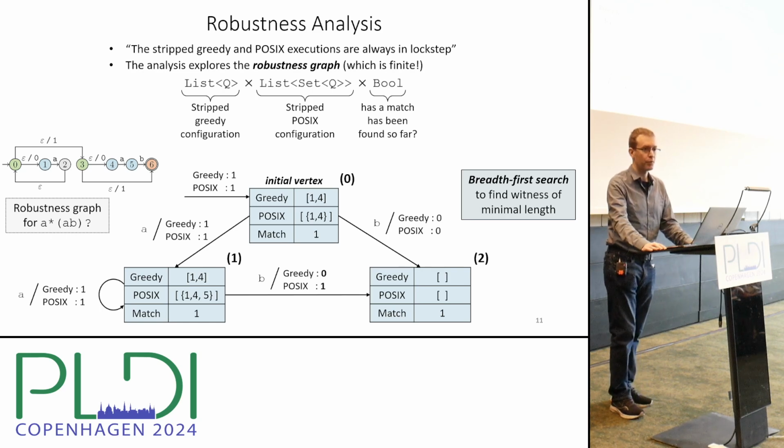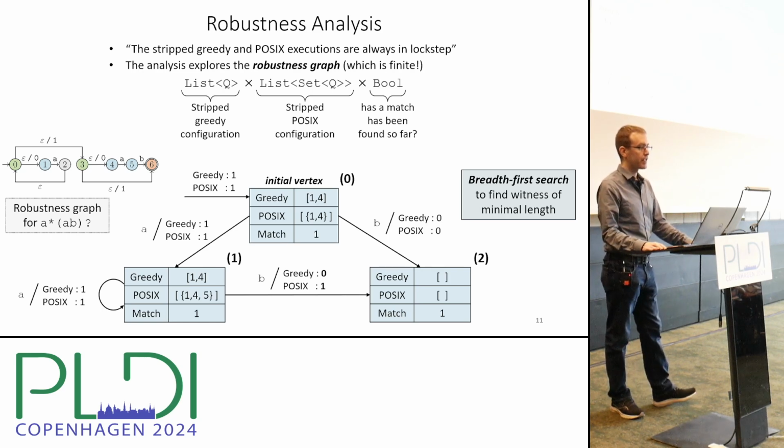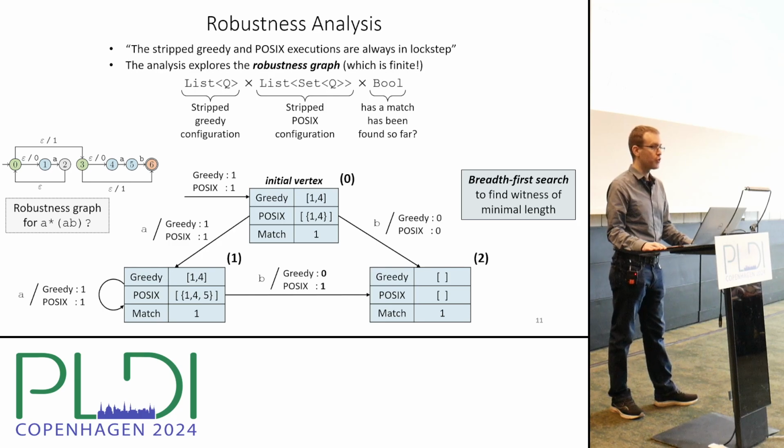And here finally we notice that greedy does not report a new best match, but POSIX does, which means that we have just identified non-robustness, and we can read off the witness of non-robustness by following the path from the beginning until this point where we witness the non-robustness. And in our case, it's the string AB.